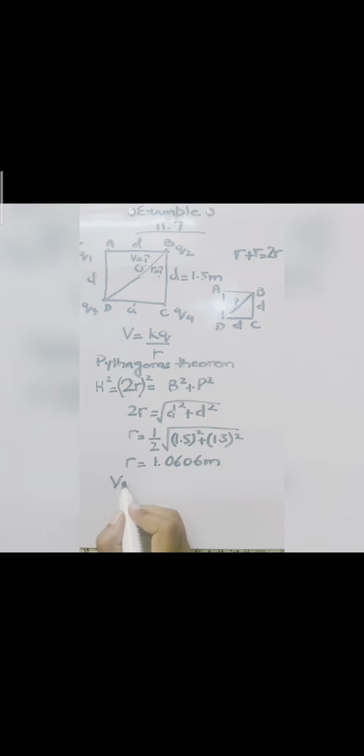Now we will calculate the value of the electric potential. We will find it collectively: kqa divided by ra, and similarly kqb divided by rb, kqc divided by rc plus kqd divided by rd.